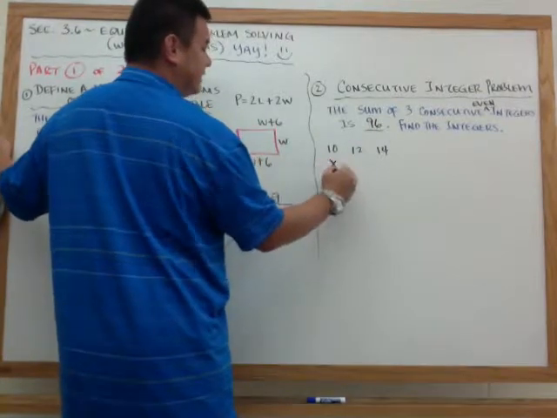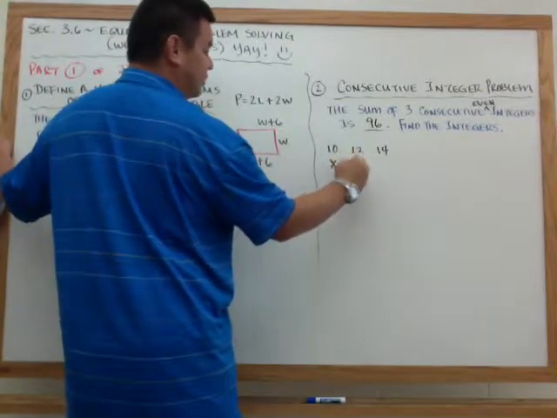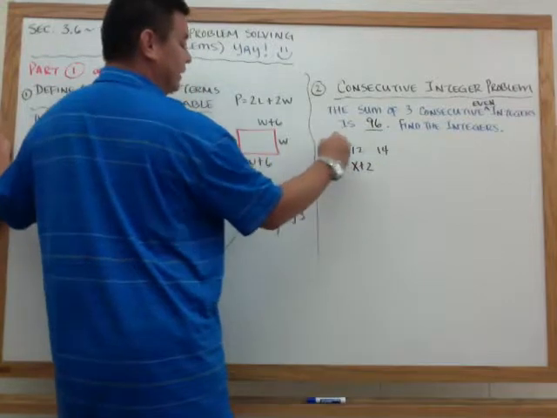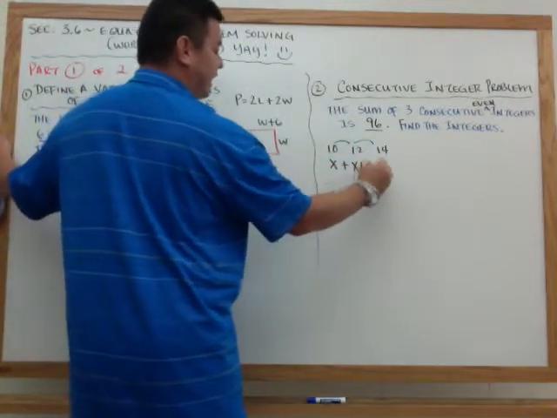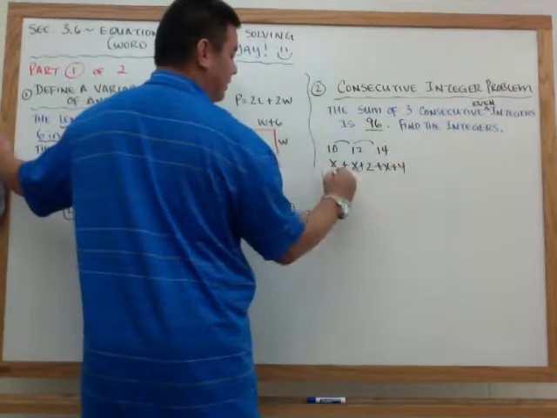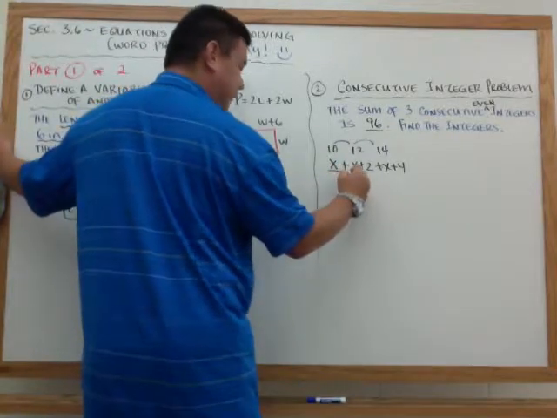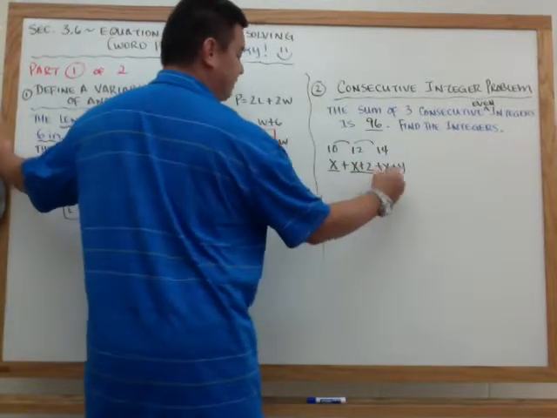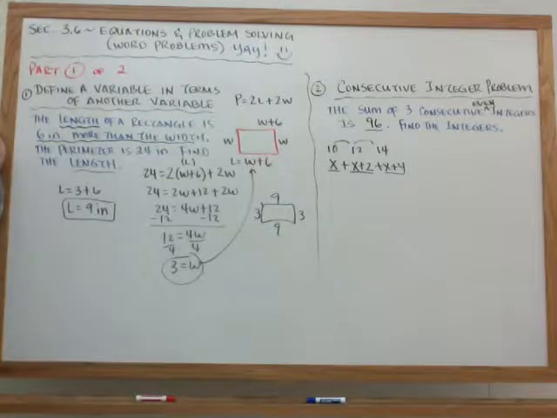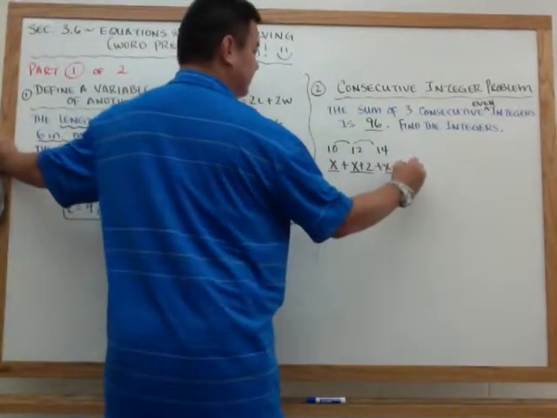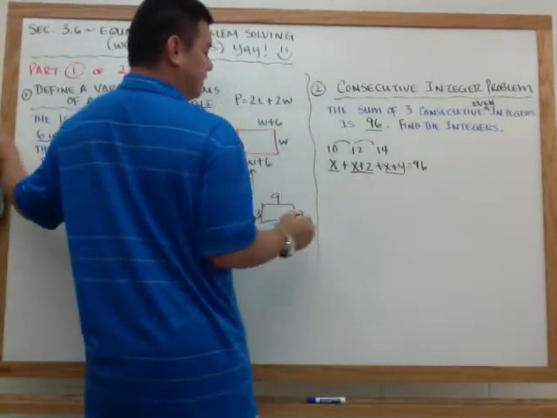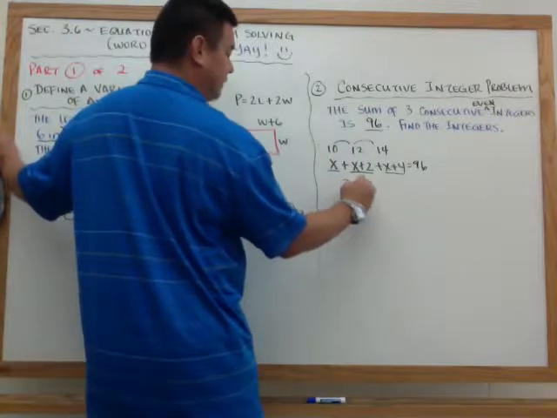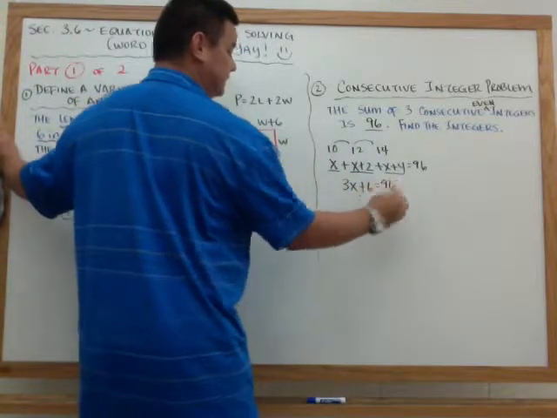So if this is x, the next consecutive even integer is x plus 2, because you have to go up 2. And the next one after that would be x plus 4. So there's your first integer, the next consecutive, and the next consecutive. If the sum is 96, you just put it equal to 96. Combine your like terms: 3x plus 6 is equal to 96.